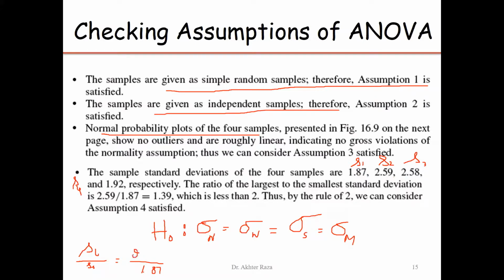If we take the ratio and it is smaller than 2, we can assume that standard deviations in the population are the same. If it is larger than or equal to 2, we can reject this null hypothesis and state that the variances are not the same. So we have to check the variances before implementing the ANOVA procedure.